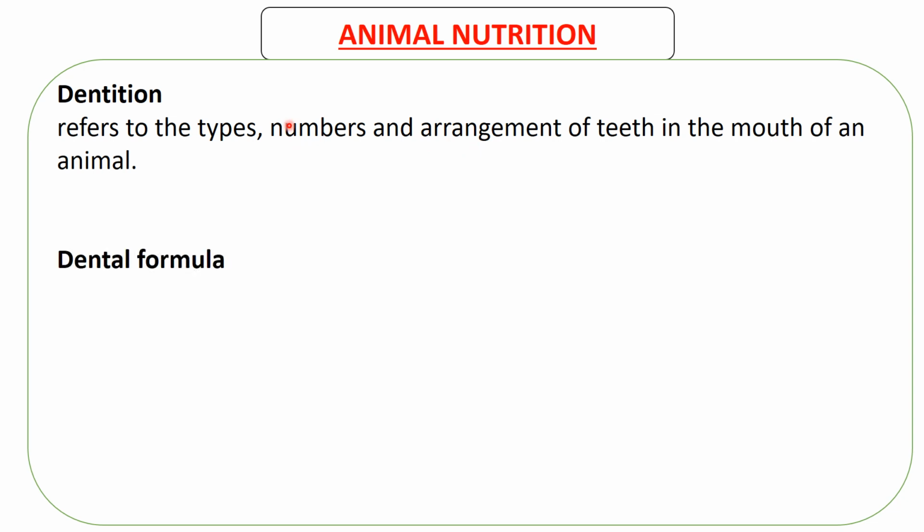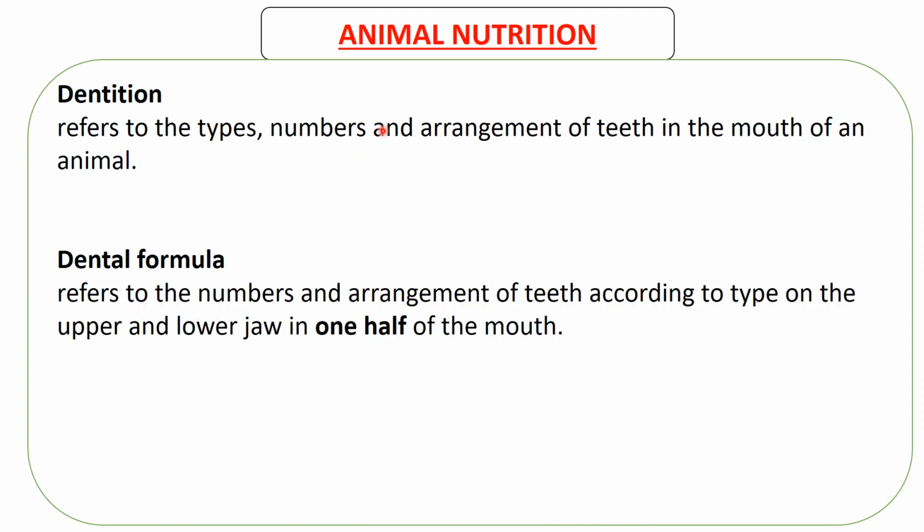Now there's what is called a dental formula, which gives us all this information. Dental formula refers to the number and arrangement of teeth according to type on the upper and lower jaw in one half of the mouth.